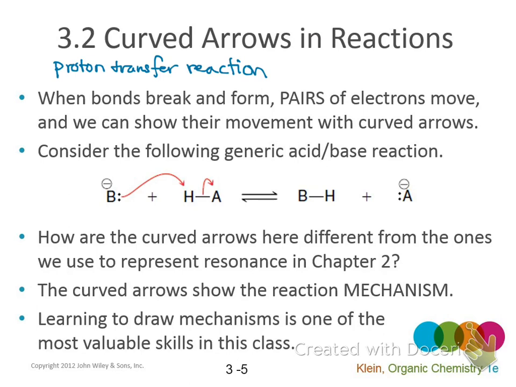The base, and this is still the Bronsted-Lowry base, is going to bring the pair of electrons, that's my hand, to grab the proton, and then the acid will just let go of it. So the base brings its pair of electrons in, like this, and then the acid pulls his electrons back, and that's the proton transfer.